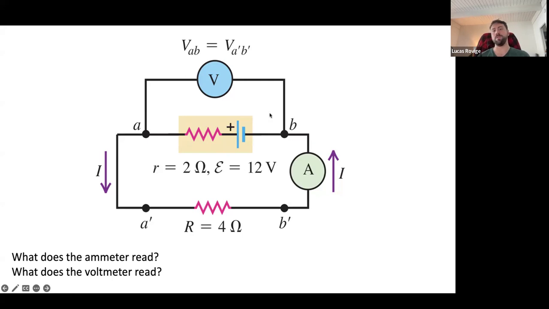We plug a voltmeter at both ends of the EMF source, and we place an ammeter in series with the EMF source and the resistor. So what are we going to read from the ammeter, and what are we going to read from the voltmeter?